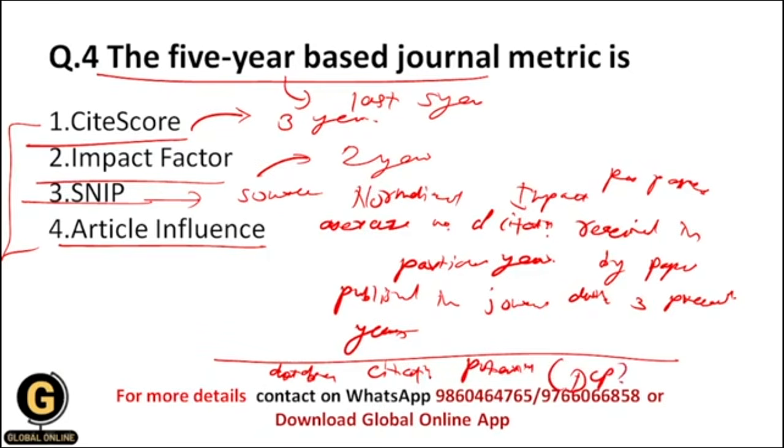Okay, so this is nothing but the formula for SNIP, and I have given you the full form for SNIP. Okay, now let us see what is article influence.